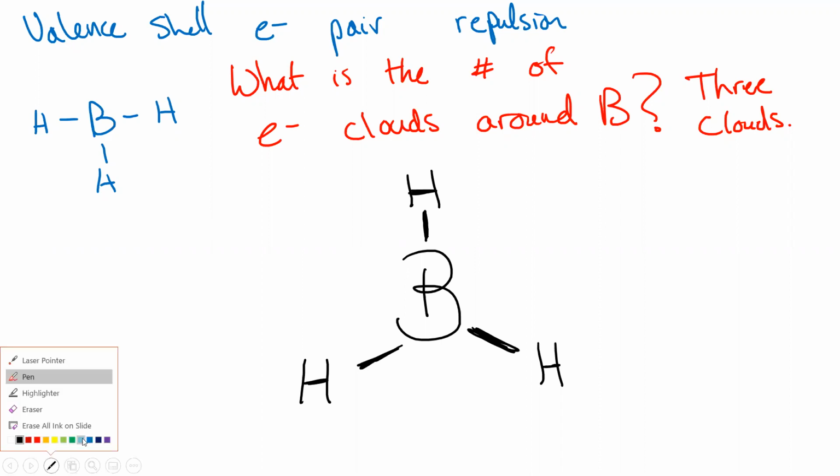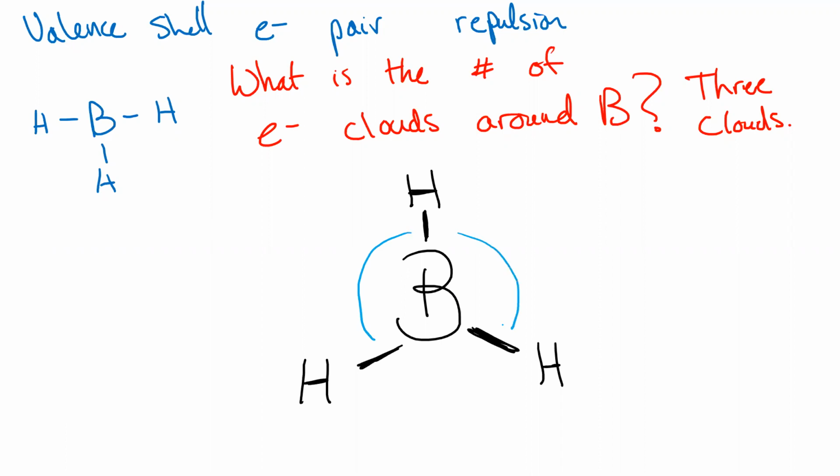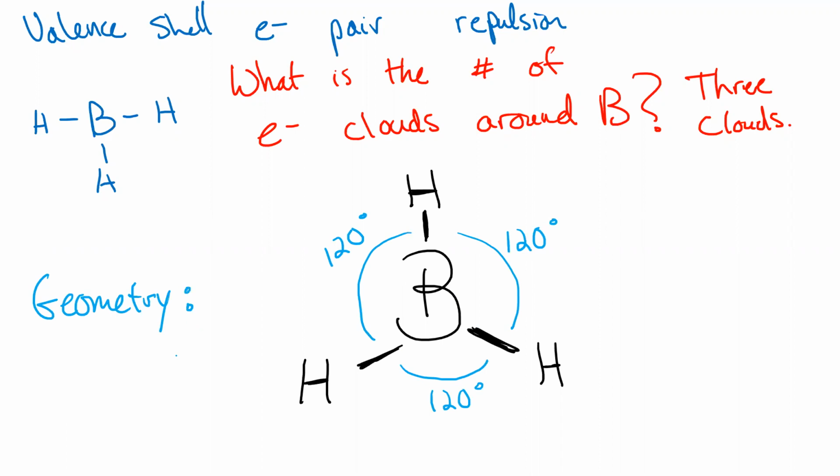And therefore, since it's 120 degrees, you end up with essentially thirds broken up. These are all 120 degrees, like so. Now, there is a name for this geometry. The geometry here is called trigonal to start with, because it is 3 parts.